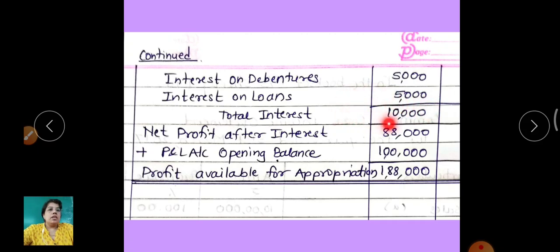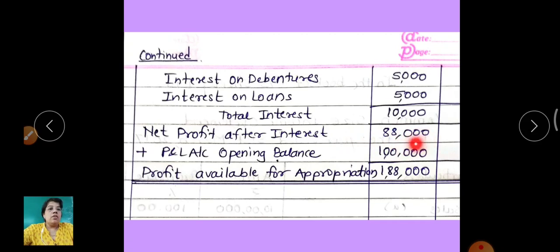It makes total interest amount 10,000. This total interest will be deducted from the operating profit before interest we have shown in the earlier slide. So 98,000 minus 10,000, and we will get the net profit after interest, 88,000.